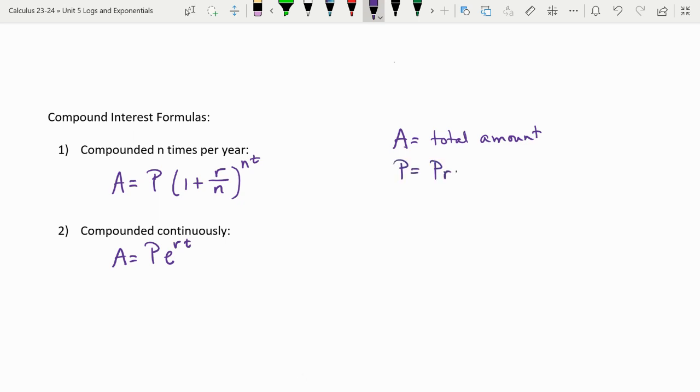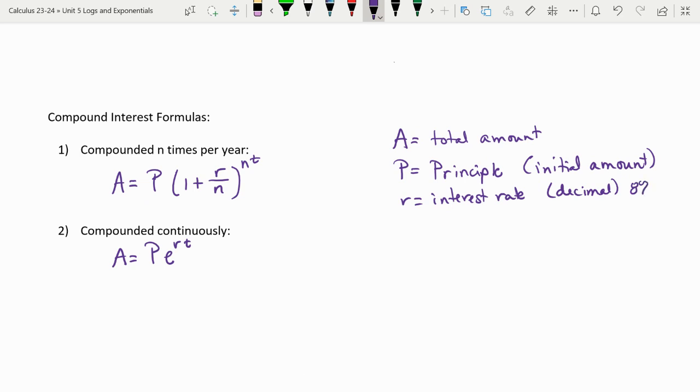P is the principal, or in other words, the initial amount. R is the interest rate, but that needs to be written as a decimal, not as a percent. So for example, 8% is 0.08 as the decimal. T is the number of years.